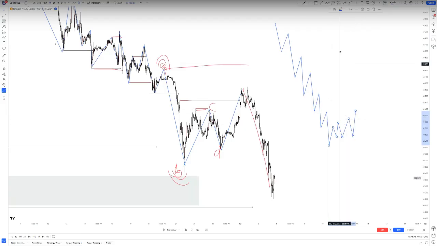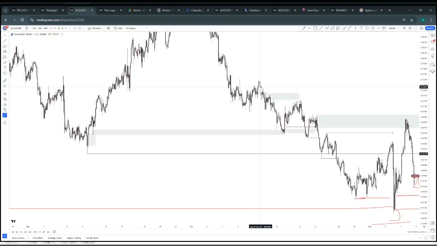My expectation is for price to come and clear out one of these internal structures from this leg and continue the sell to the downside, instead of just because we are now reversing, then we start buying. This is very, very similar to what happened on EUR/USD. Let me show you what happened on EUR/USD.